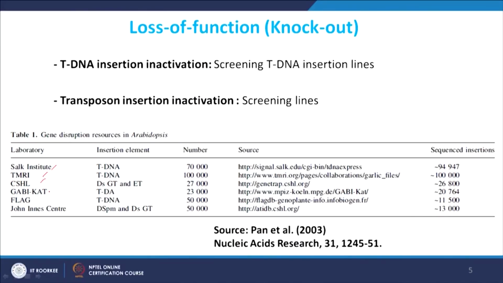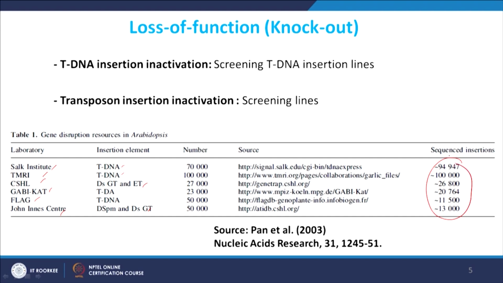As I said, initially people worked at a very global level, generating a large number of tDNA insertion lines or transposon insertion lines, and those lines have been deposited in databases. There are many databases, laboratories and projects that have generated a large number of these lines, and all these mutants have been preserved and protected.